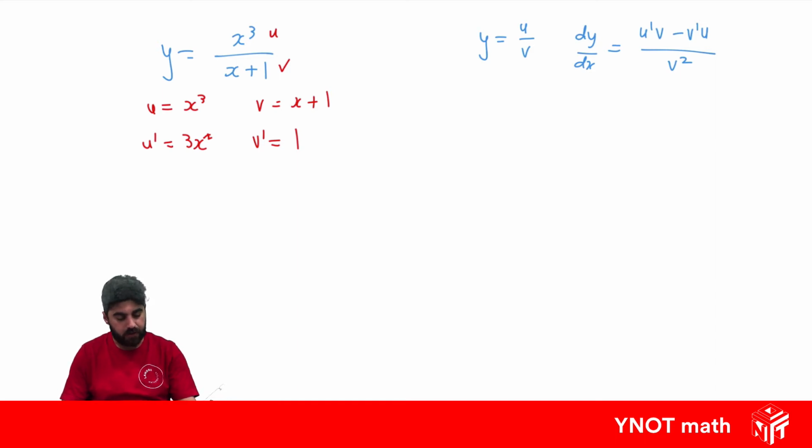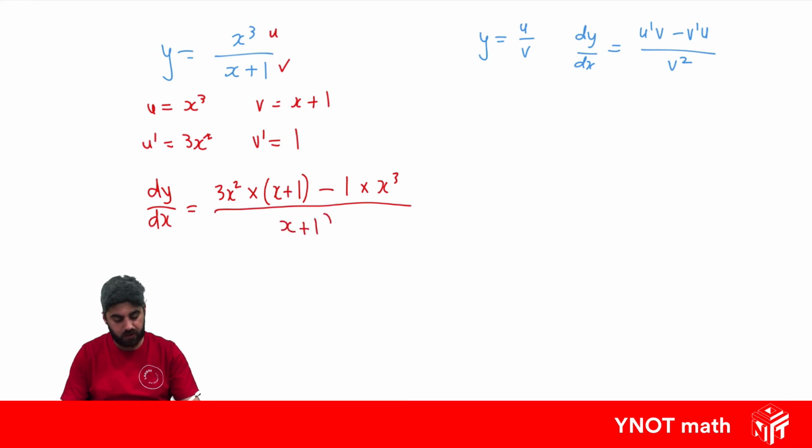And now we can go ahead and sub it into our formula for the quotient rule. So our derivative, dy dx, is going to be u dash, which is 3x squared, times v, which is x plus 1. You'll notice how I put in a bracket, very important. Minus v dash, which is 1, times u, which is x cubed, all over v squared.